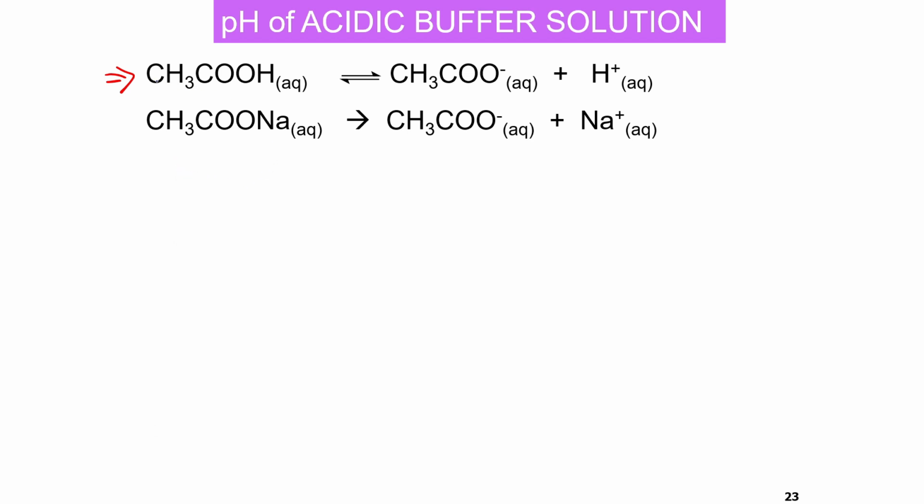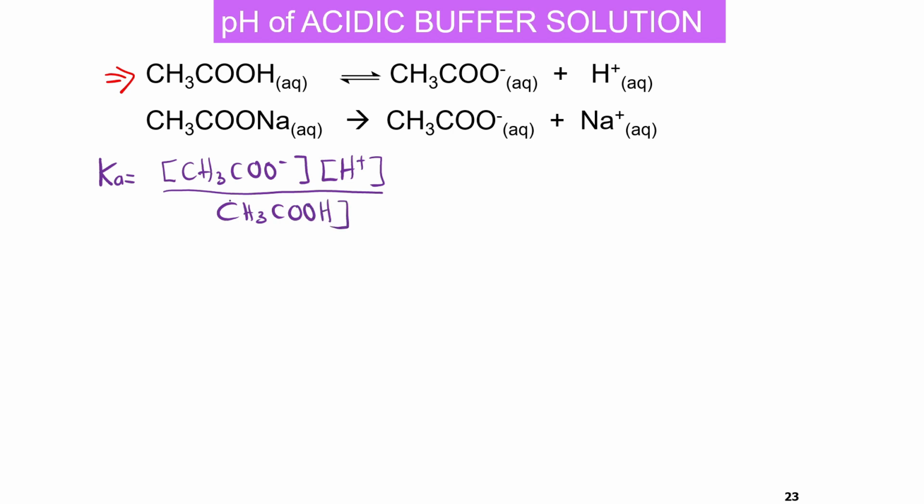Right, so first, untuk equation yang saya tunjukkan di sini, kita write Ka is equal to concentration CH3COO minus times concentration H plus over concentration CH3COOH. Alright, and then we rearrange the equation so that kita tinggal H plus saja di satu side.